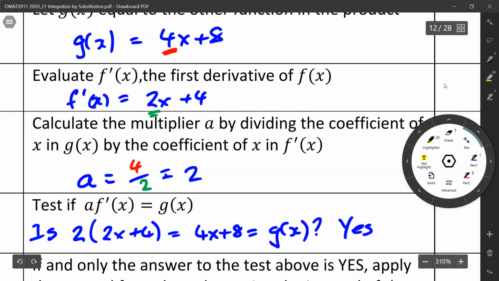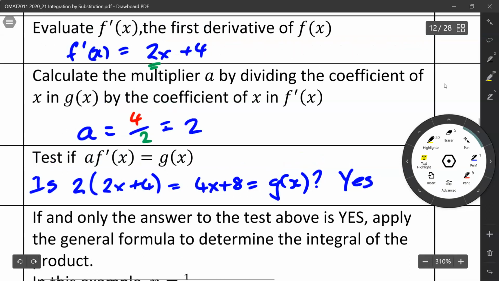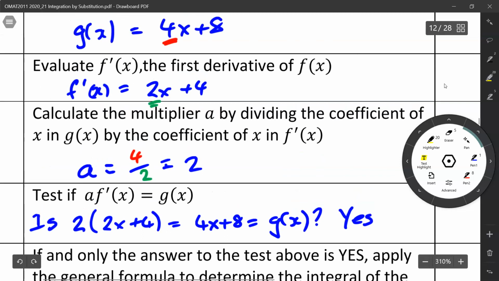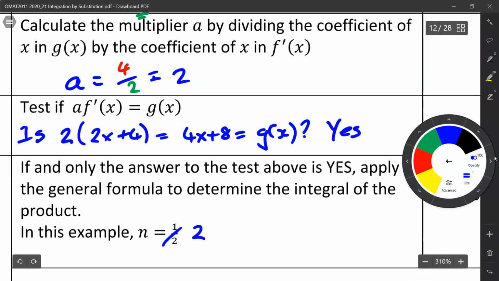So we validated that that's correct. Did I do something wrong there? Hang on. This should say n is equal to 2, not equal to a half.